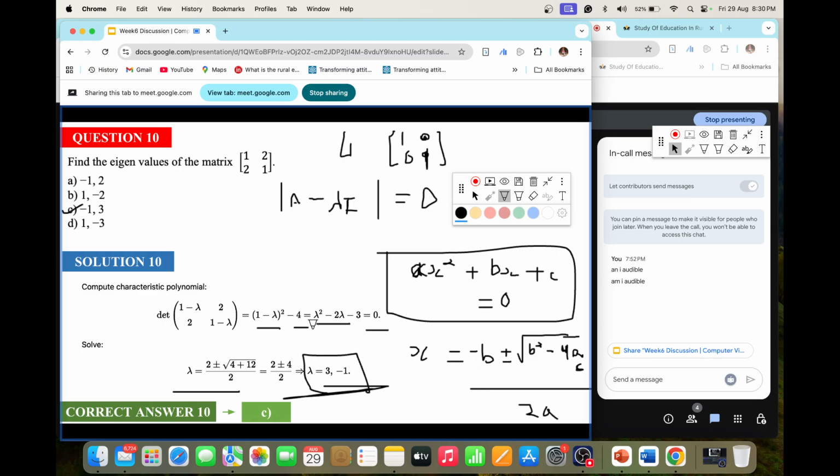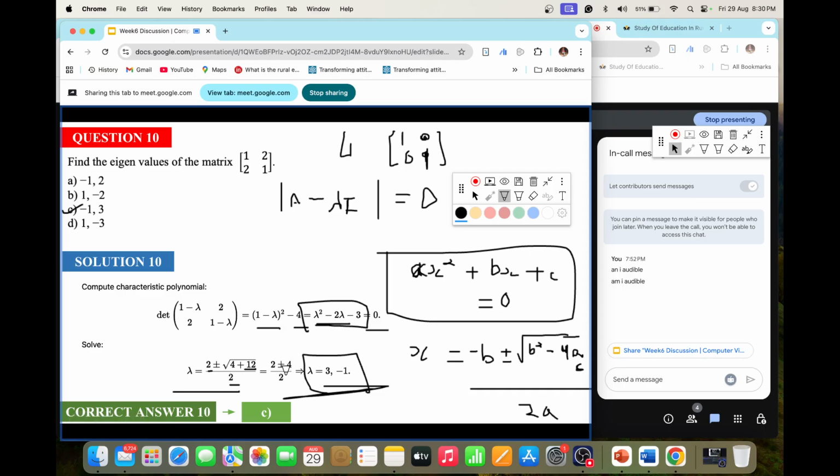What is a? a is 1, b is minus 2, c is minus 3. So minus b means 2, root over b square is minus 2 square, that is 4, minus 4ac, minus 4 into 1 into minus 3, so plus 12, by 2a, 2 into 1.